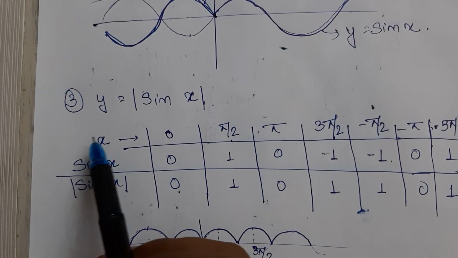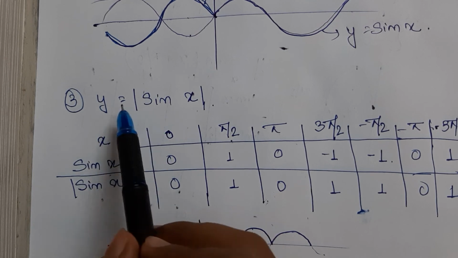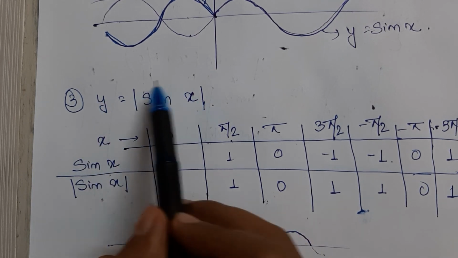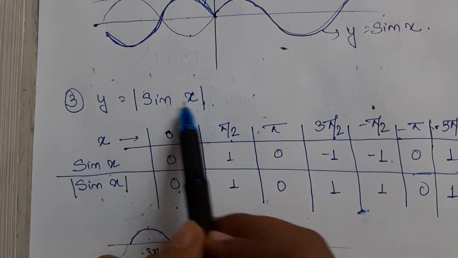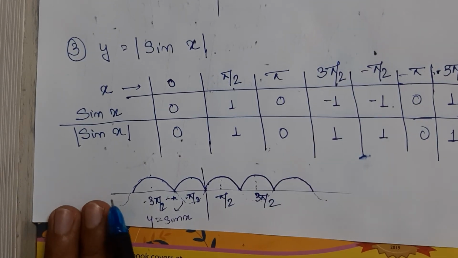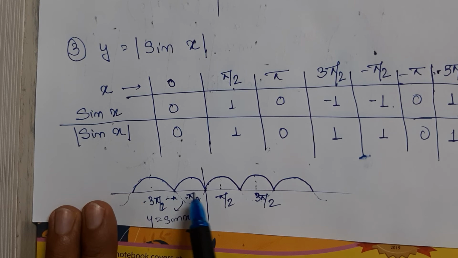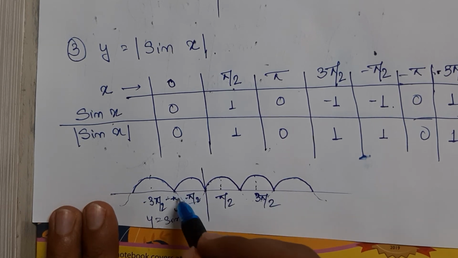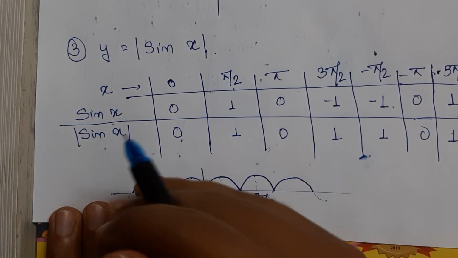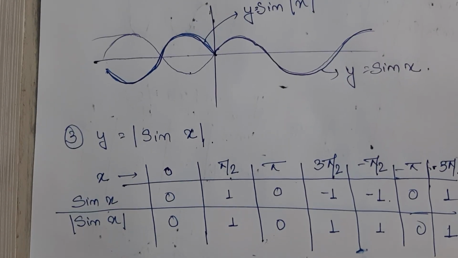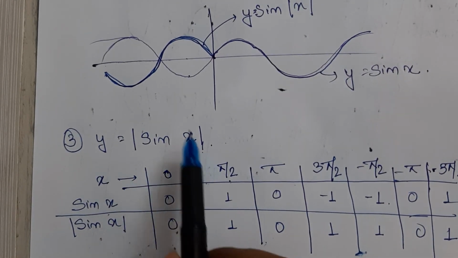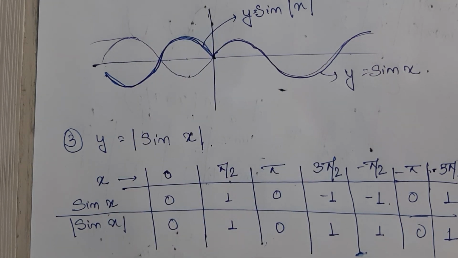Now this mod is with the whole function, so we have to keep a mirror along the x-axis, because originally the graph was like this. See, it is providing an image right here. So you can understand how we have drawn this one, right?